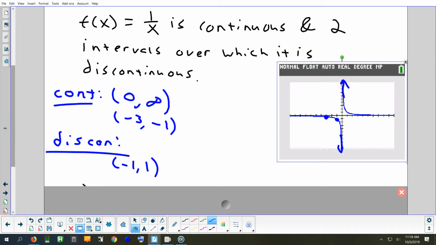Yep. Here's another interval. -2 to 16. You can't go from a negative number to a positive number in this graph without lifting the pencil. Right, so you can find some sections that are continuous and some that are not. Any questions on that?